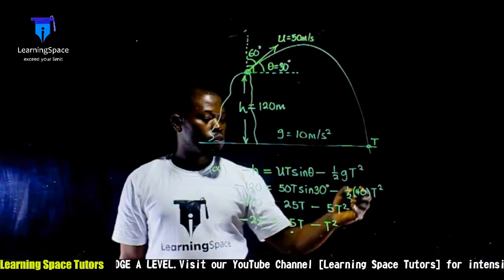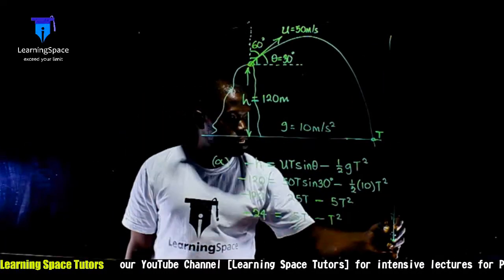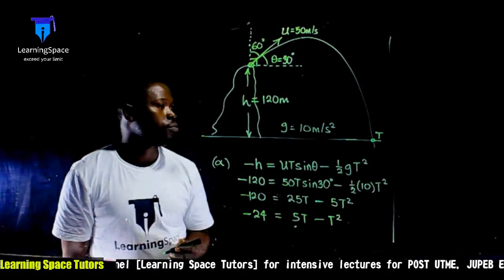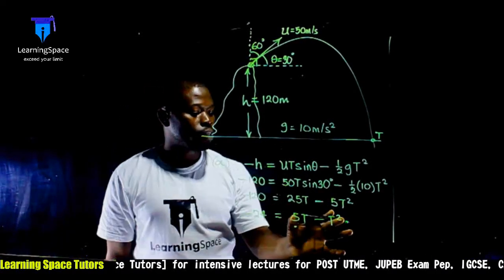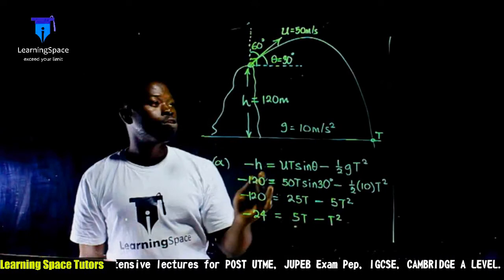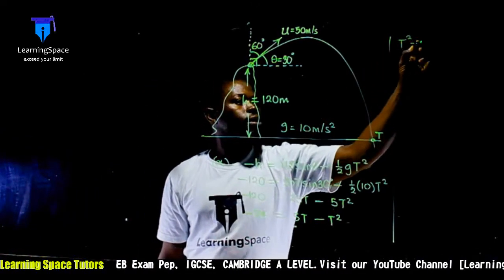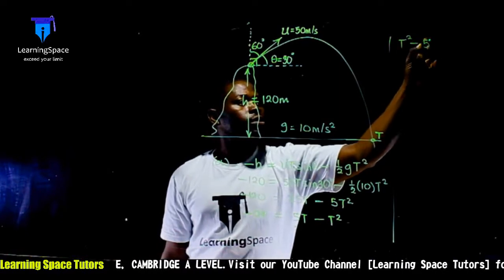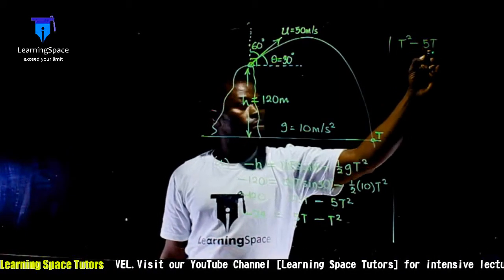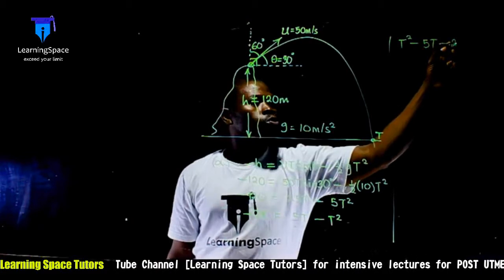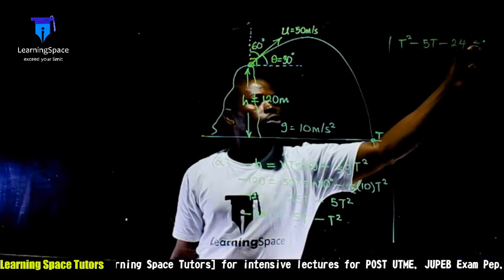So you can see that this already gives us something in the form of a quadratic equation. We can transfer everything on this side to this side. We are going to have t squared minus 5t minus 24 equals 0.